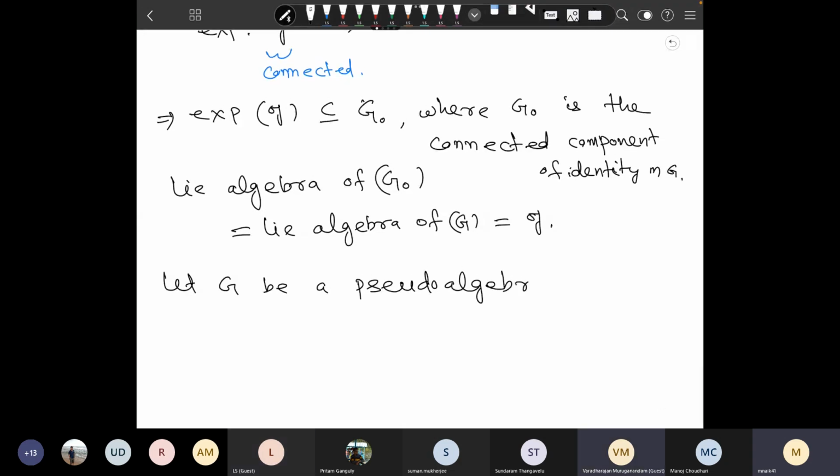So let G be a pseudo-algebraic group, and suppose G is closed under conjugate transpose.